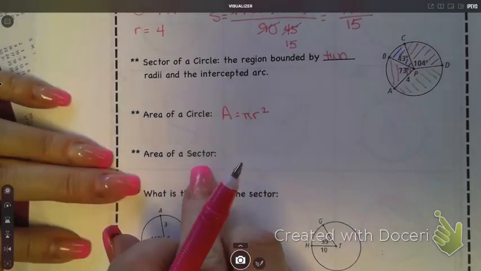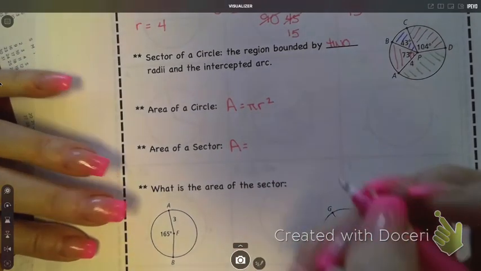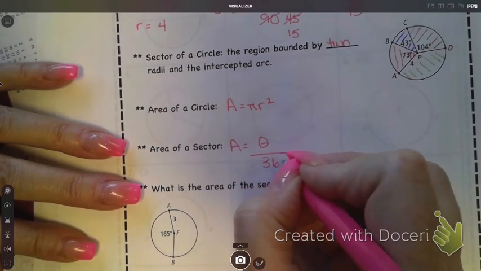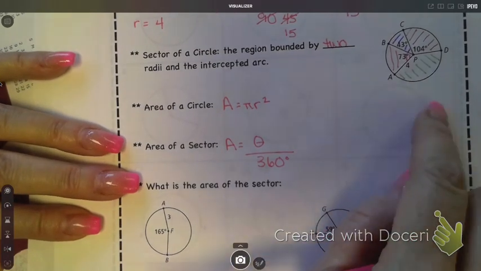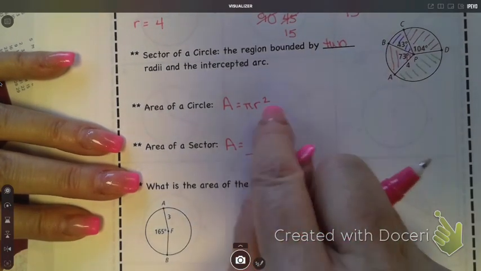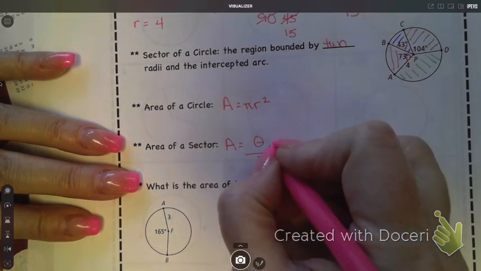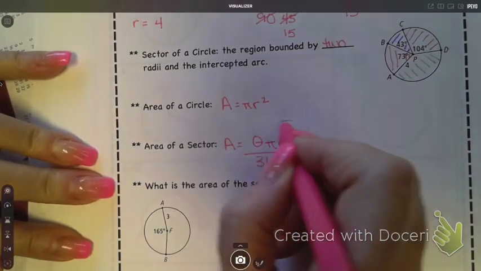So now let's do area of a sector, sorry. So again, we just use A. And we're using our theta over 360 because that gives us our fraction of the circle, right? And when we're doing sector length, it's part of the circumference. But when we're talking about area, we're talking about area. So we use pi r squared. So you need to use this.